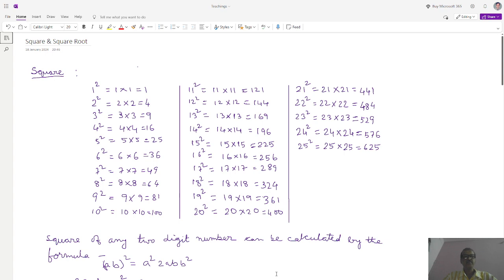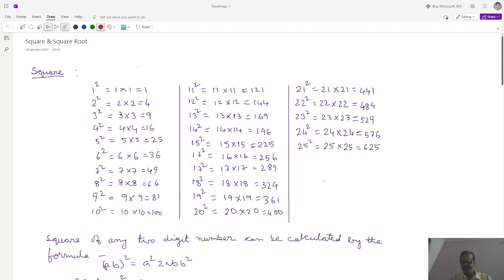Okay, in this video, I'm going to explain the square. The square is nothing but the multiplication of a number with itself.